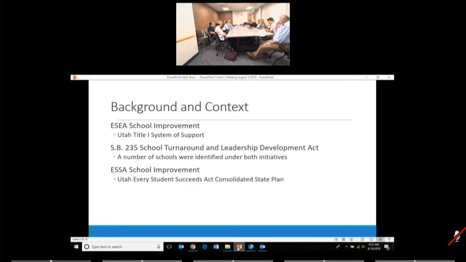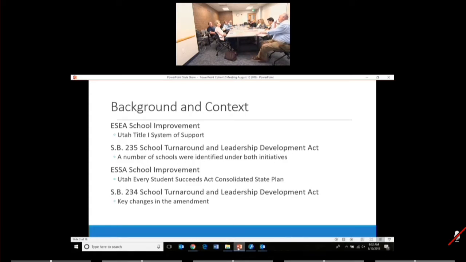There was a lot of negotiation because in 2017, the legislature amended 235 into 234, the School Turnaround and Leadership Development Act, and there were some key changes in that bill. Some of the key changes in the amendment were that the lowest performing 3% of schools are now based on 2 consecutive years of accountability.